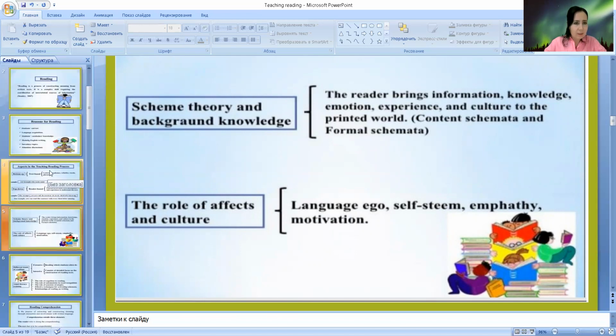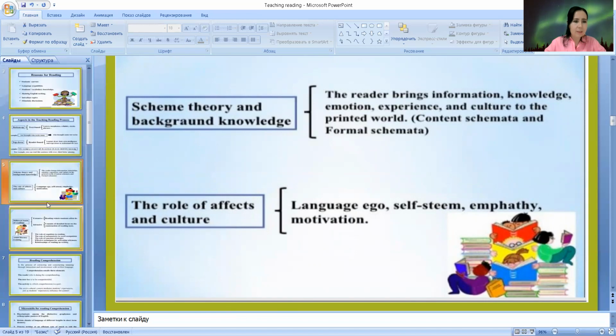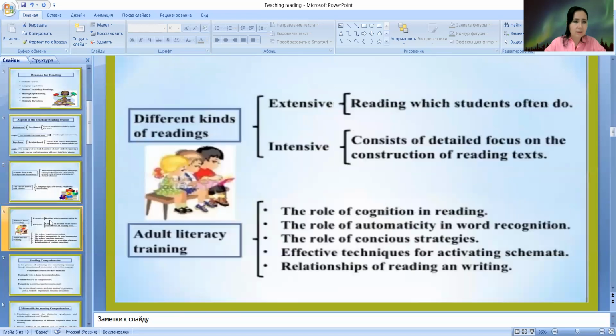Okay, next, different kinds of reading. We can use different kinds of reading. Here we can see the two main kinds: the first, extensive reading, and the second, intensive reading. What is extensive reading?